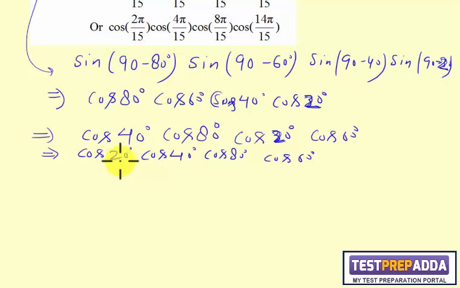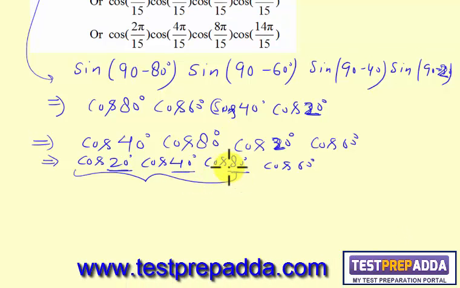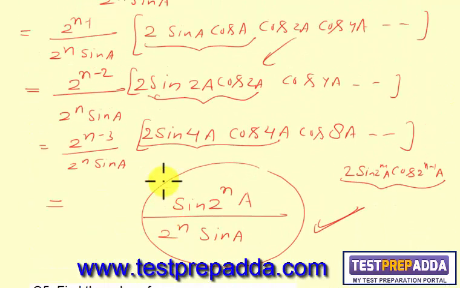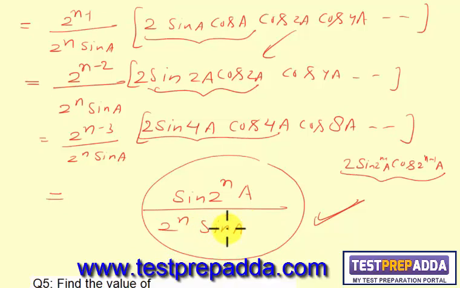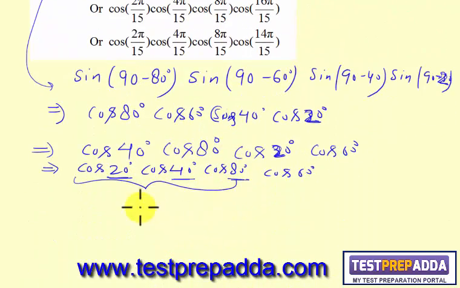Now, if you check, the first angle is 20 degree, the second angle is double, 40 degree, the third angle is double of the second one, 80 degree. So I'll use the identity which we proved in the previous question here, and that identity says the value is sin 2 to the power n A upon 2 to the power n sin A. How many terms are there? 3. Okay, 3 terms are there.